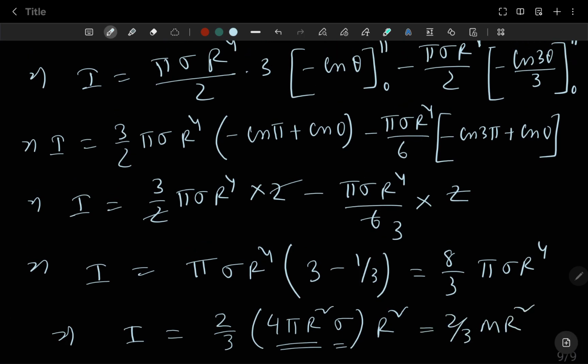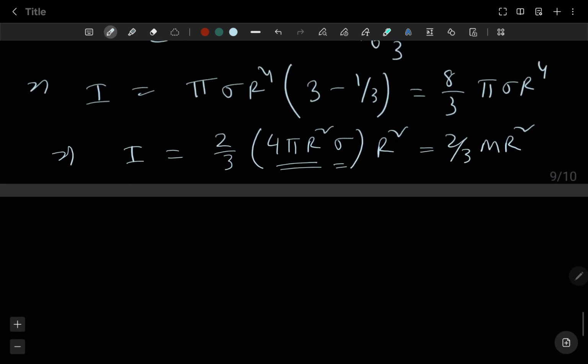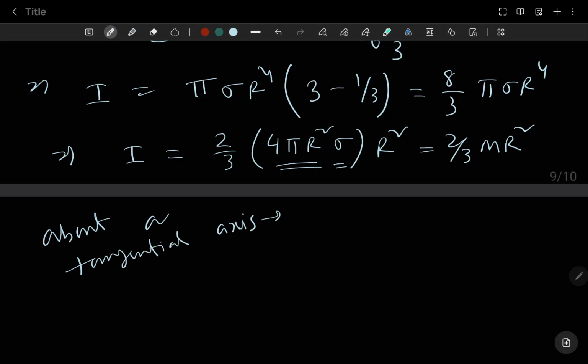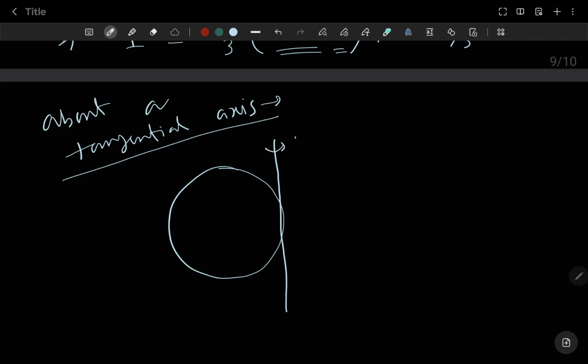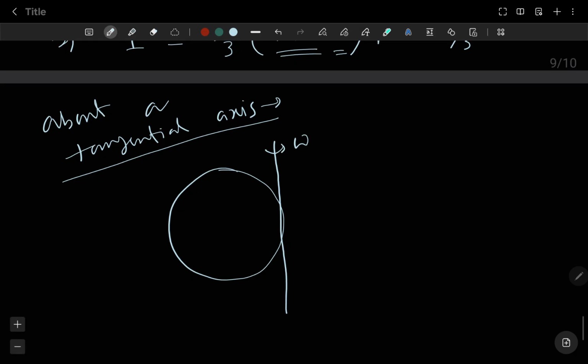Now about a tangential axis. Just like in the case of a solid sphere, you can find the moment of inertia using the parallel axis theorem.